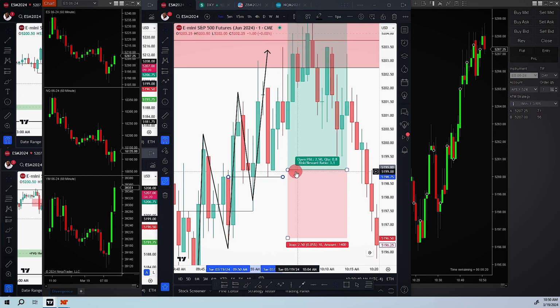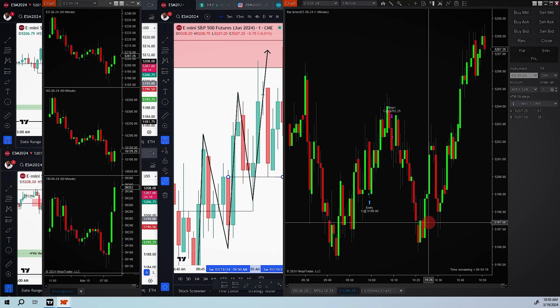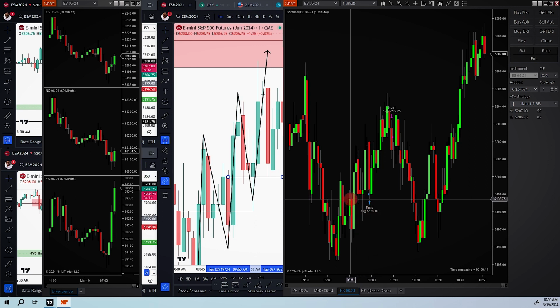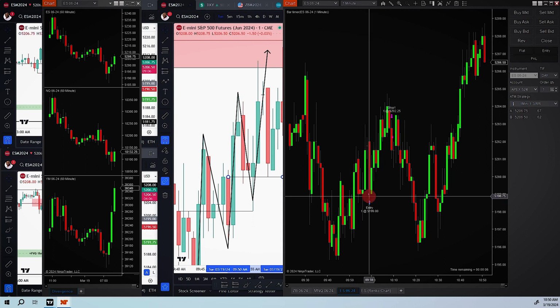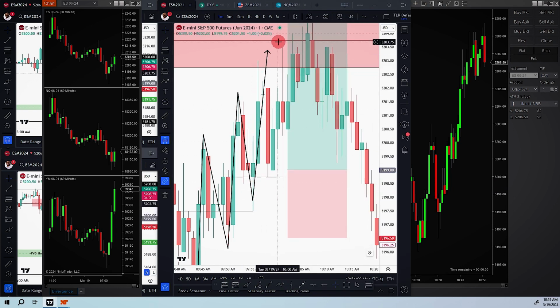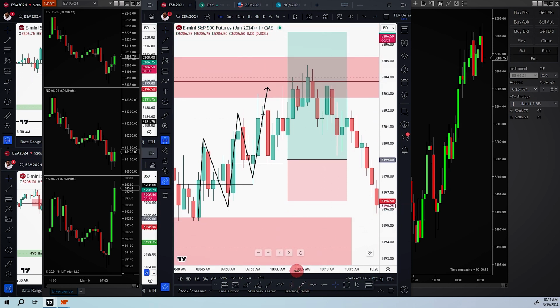So I put the order at, as you see over here, 51.99 even, one tick above that order block opening price right there. And it came down to the tick to that order block, got me, there's the little arrow, picked me up there, and then started to go back up.